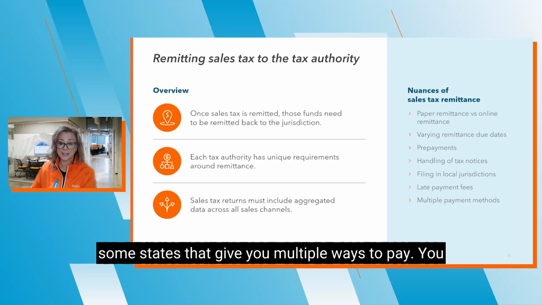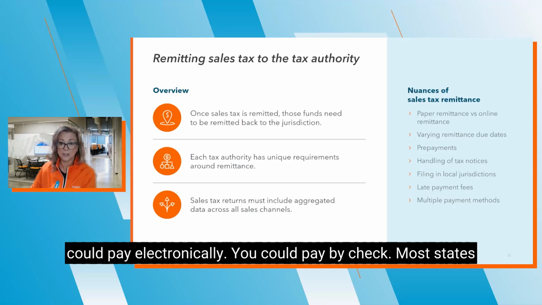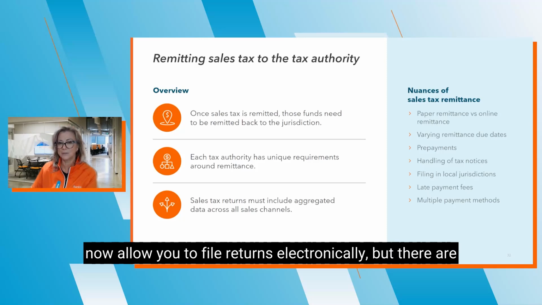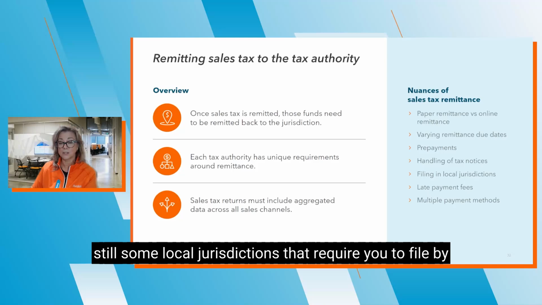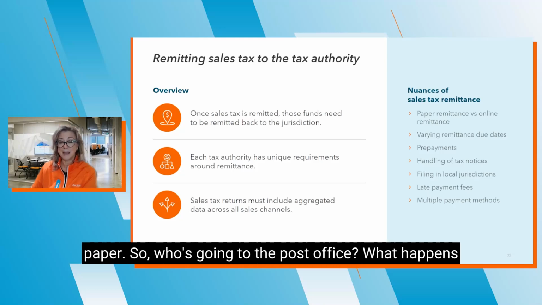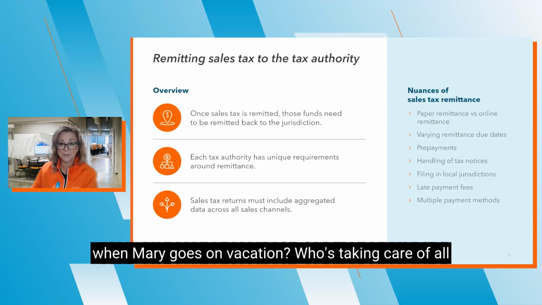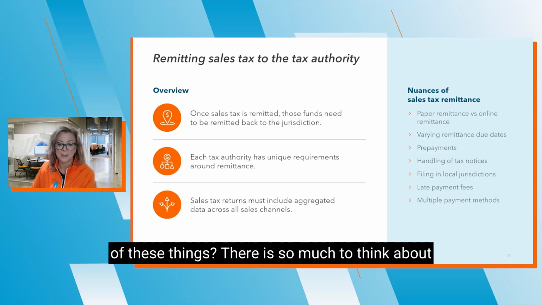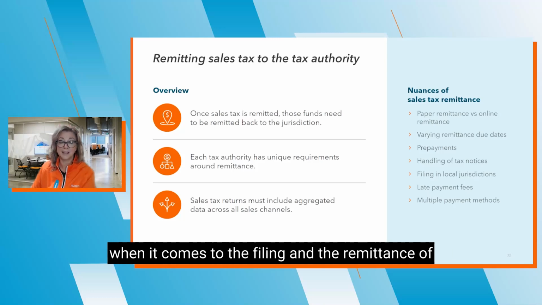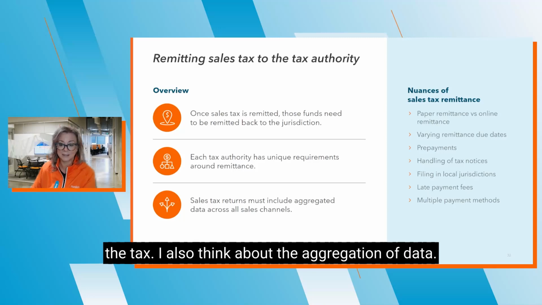There's some states that give you multiple ways to pay. You can pay electronically, you can pay by check. Most states now allow you to file returns electronically, but there's still some local jurisdictions that require you to file by paper. So who's going to the post office? What happens when Mary goes on vacation? Who's taking care of all of these things? There is so much to think about when it comes to the filing and the remittance of the tax.